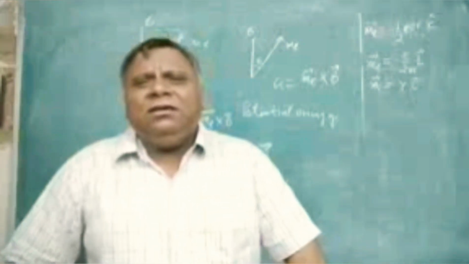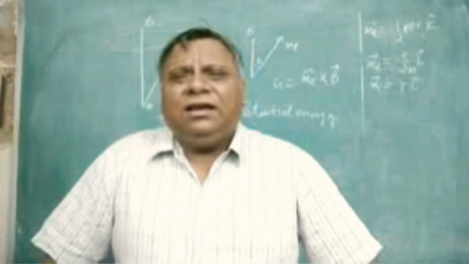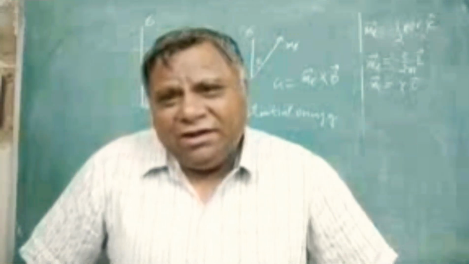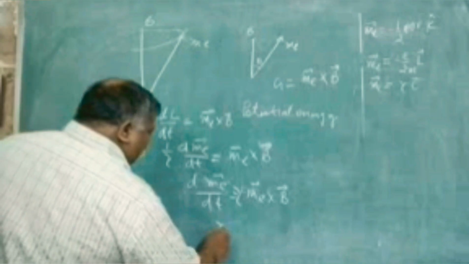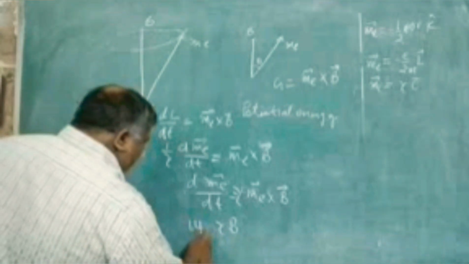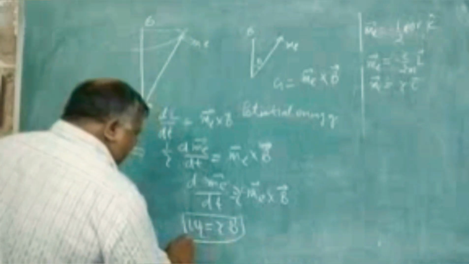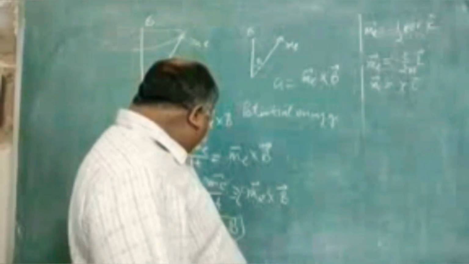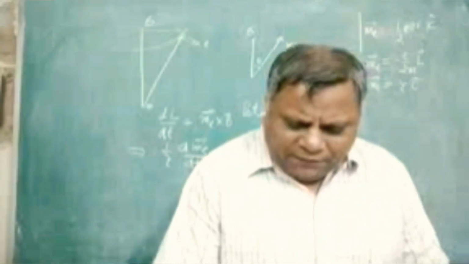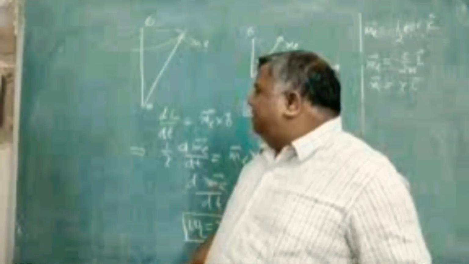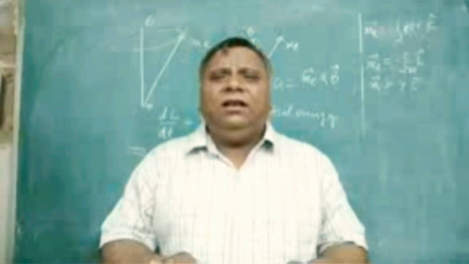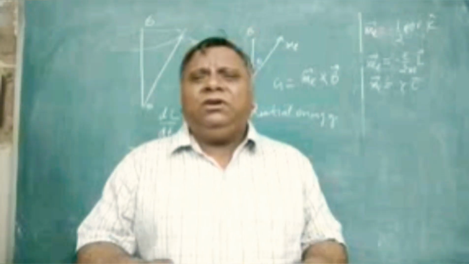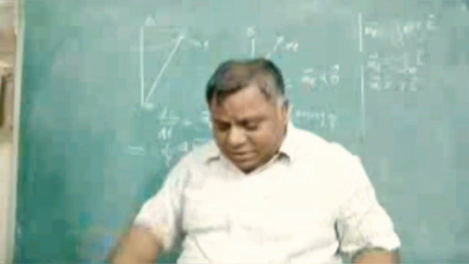The frequency of this precession can be associated with the magnetic field and can be written as gamma times B. So the effect of this magnetic field on m_l is such that it rotates about B, keeping this angle theta constant.